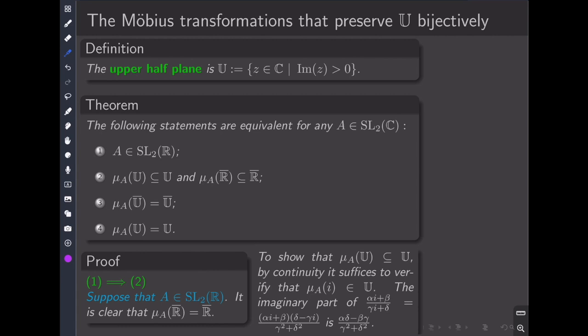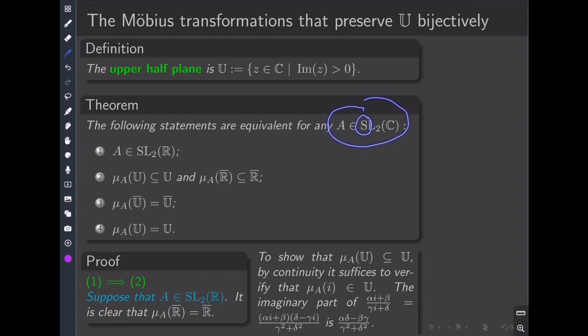Okay, and somehow life is more or less fair, because if you give me a matrix in SL2C, I'm already using the fact that every Möbius transformation of C bar can be represented by a matrix with determinant 1.